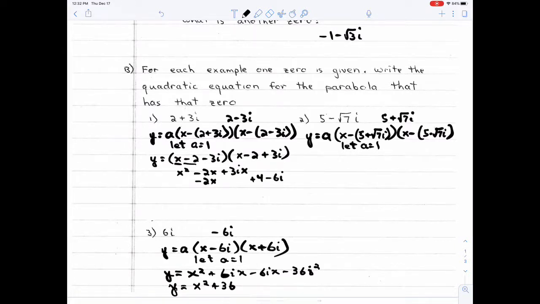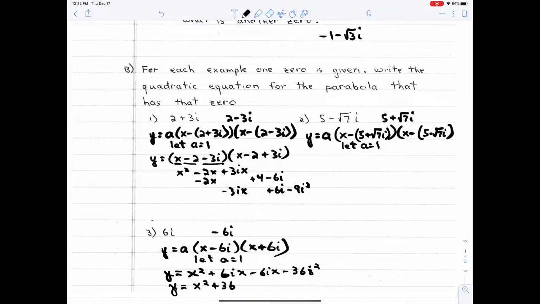Okay, now let's distribute the negative 3i. So we get negative 3i times X, and then negative 3i times negative 2 is plus 6i. Again, I'm stacking like terms vertically. And then negative 3i times positive 3i is negative 9i squared.